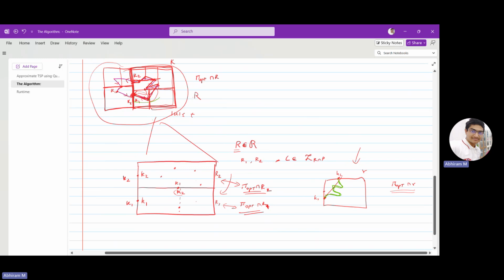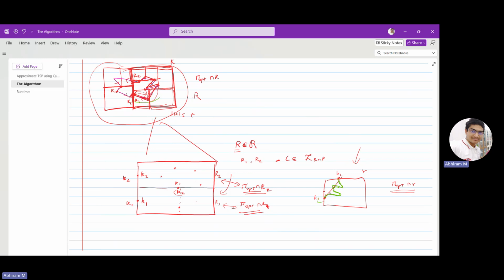Of course, an equivalent argument to make is that when there's only one point, we said that we're going to brute force it and only have straight lines. And so here it has to only be straight lines. There are a bunch of equivalent arguments, either by contradiction or going straight forward. The point is that whatever pi opt intersection small r is going to be the shortest because there's only one point inside, so it would be returned.